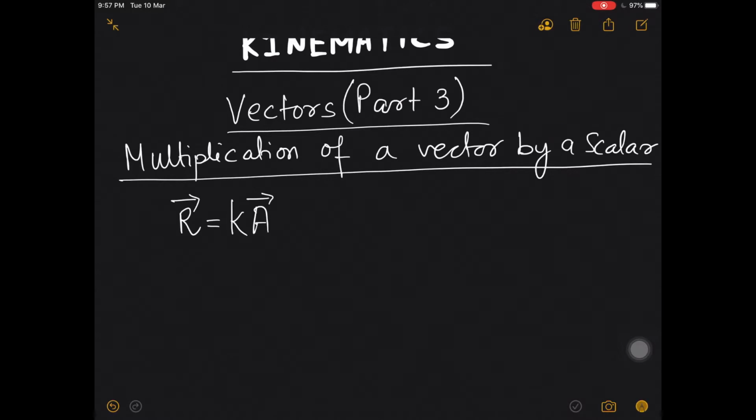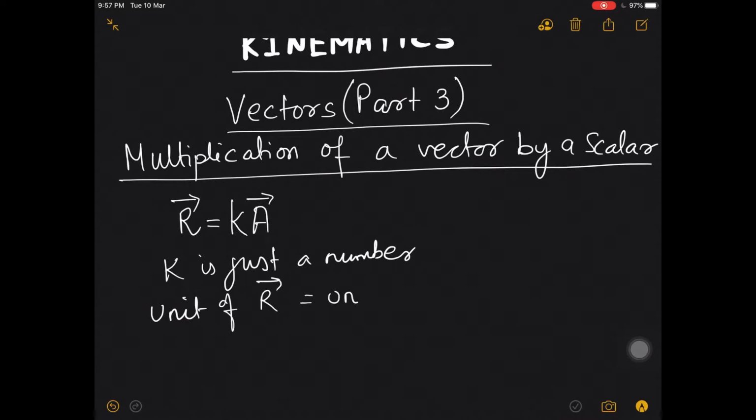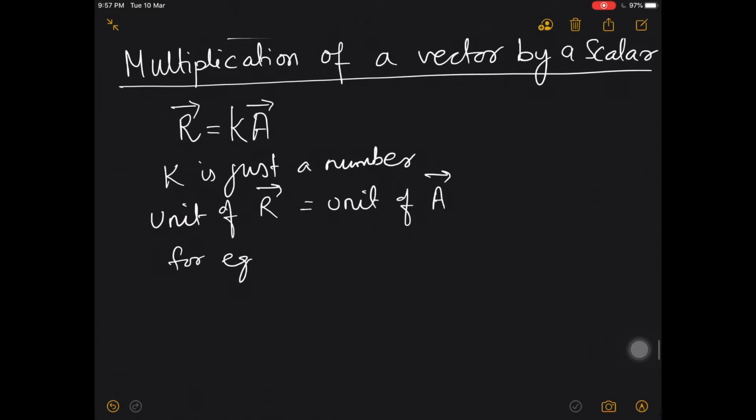Now if k is just a number, then the unit of vector r is going to be the same as the unit of vector A. For example, say A was a velocity vector, 10 meter per second due north.